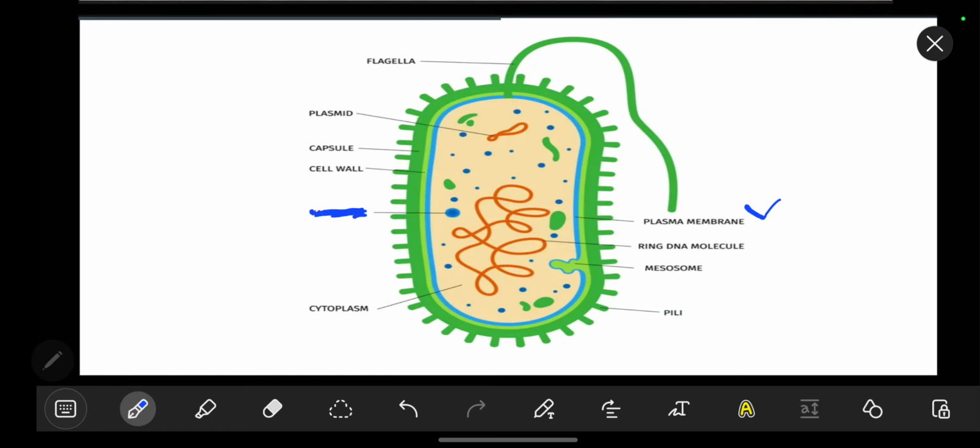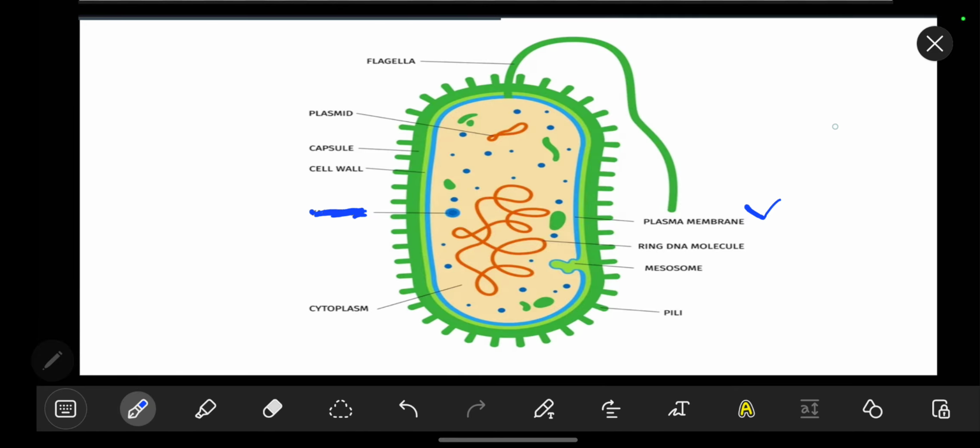As we know, the plasma membrane controls what leaves and enters the cell. Then when we look at the ring DNA molecule, which we were calling nucleoid, this has got the function of storing genetic information for the formation and the passing down of genetic information from one organism to the other.